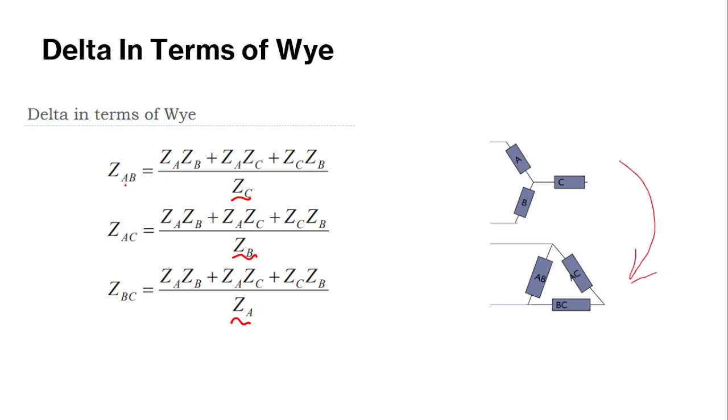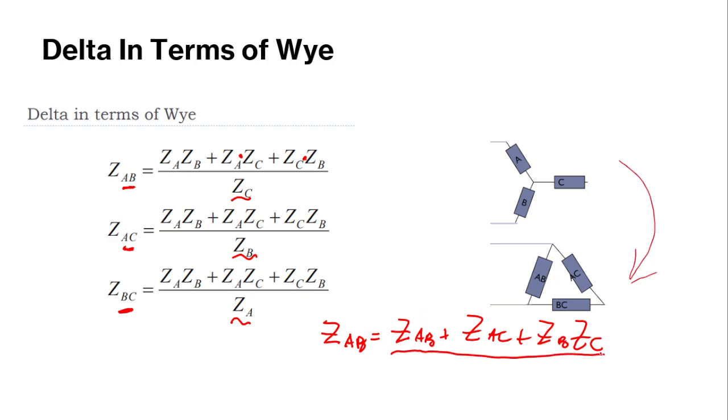There's always the letter that's not here. So if I wanted to do ZAB, it could be ZA times ZB, and then you have ZAC. Well, it doesn't matter because they multiply. Multiplication is commutative, so the order doesn't matter. And they're divided by the letter that's not here, which in this case is ZC.